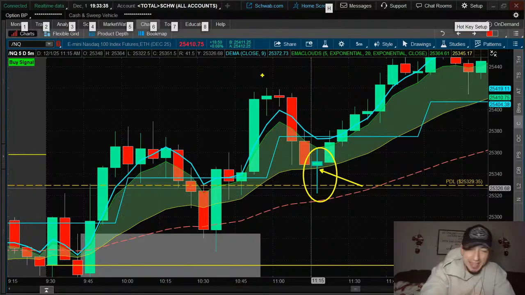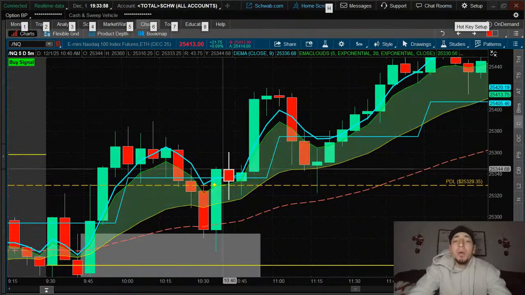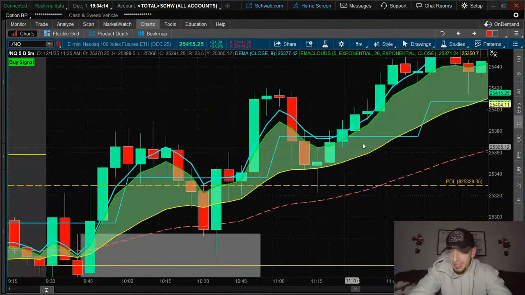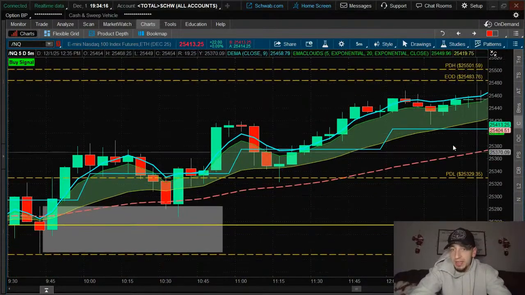I need to act on it. So what causes me to pull the trigger? I will not make a move until I get an RBI or a GBI on the 5-minute time frame. And then when I do, I drop down to the 2-minute or I stay on the 5 and I play the moving average. When the moving average is respected, I take advantage of it and I target the upside target.